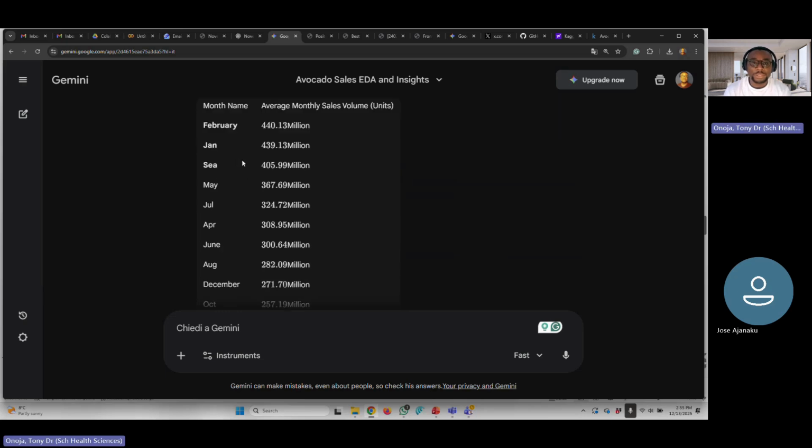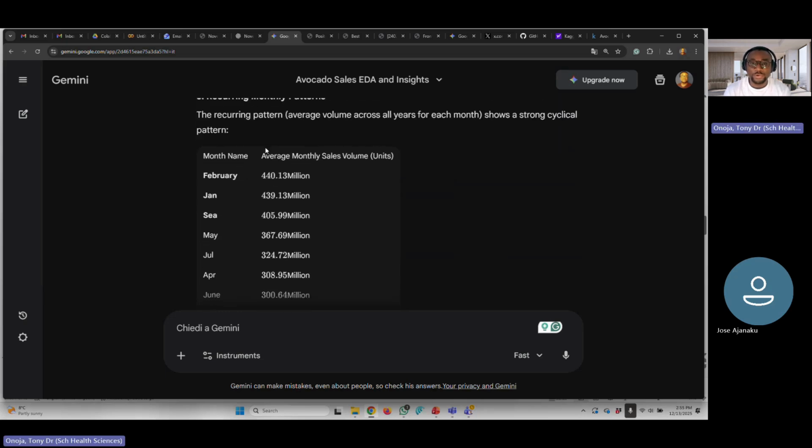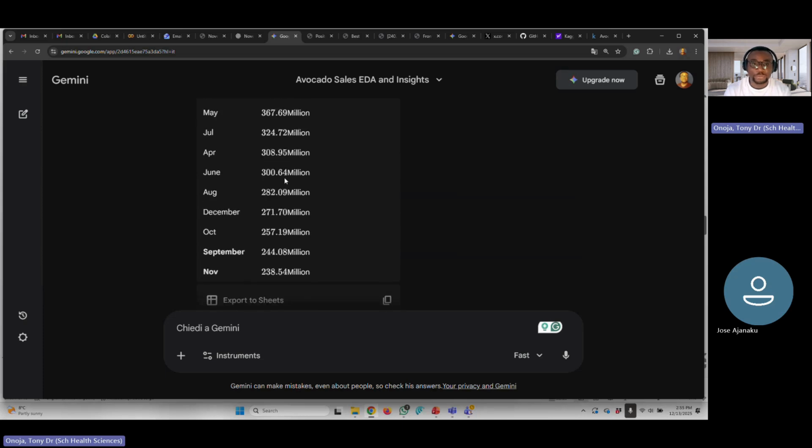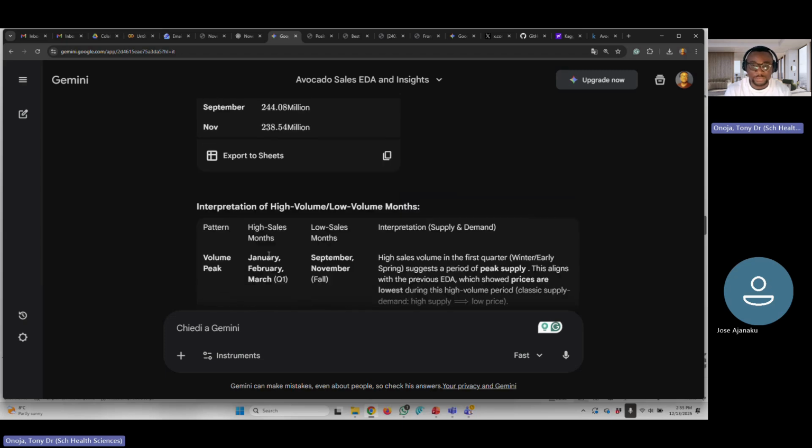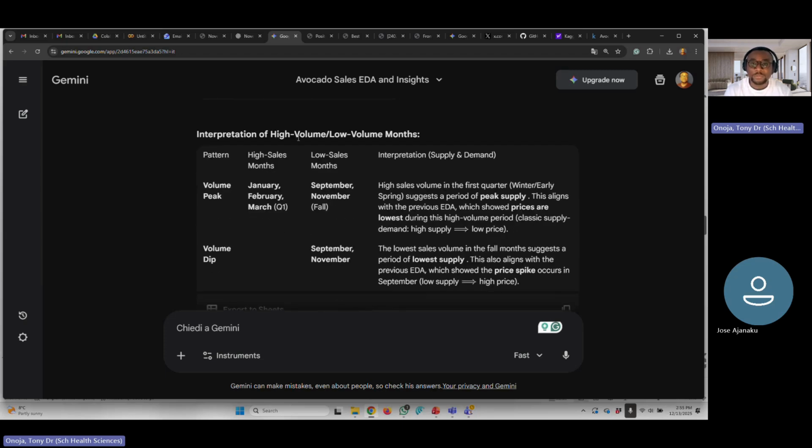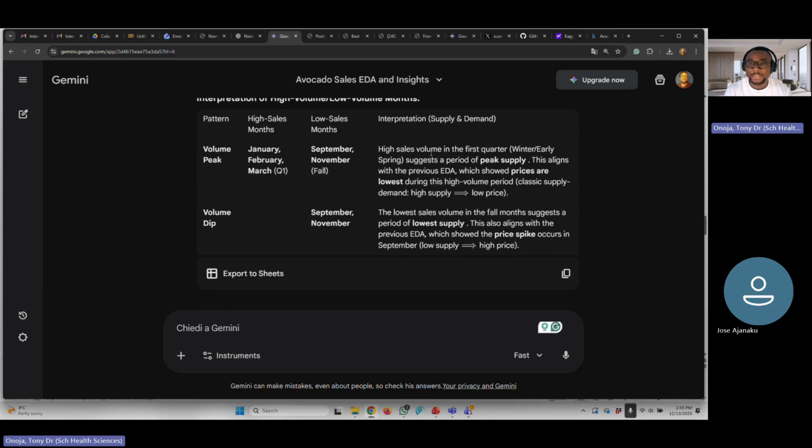So this is actually the recurring pattern for each month. We could see how the patterns recur: 244 million, November 238.5 million, and so on. Interpretation of high and low volume: the high sale volume in the first quarter, winter, early spring, suggests a period of peak supply.